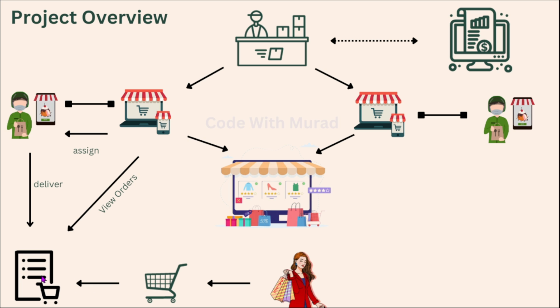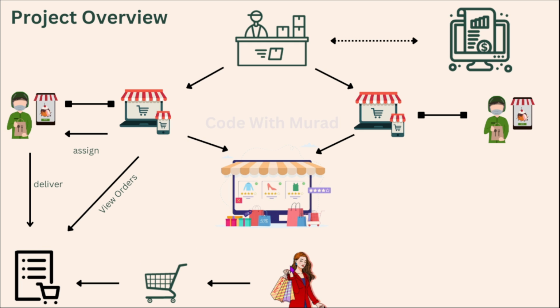Once the customer makes the order, the particular seller whose product the customer has ordered will be able to see the customer order, and from here the seller can assign the delivery person for this order, and then the delivery person will deliver the product to the customer, and also he can update the product delivery status as delivered.